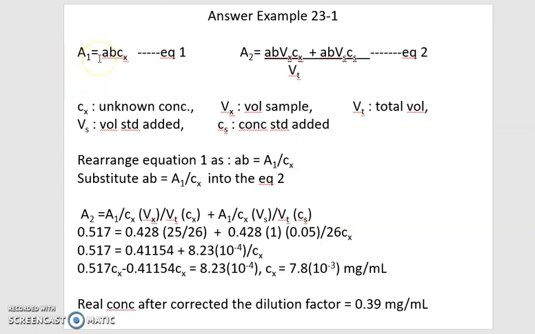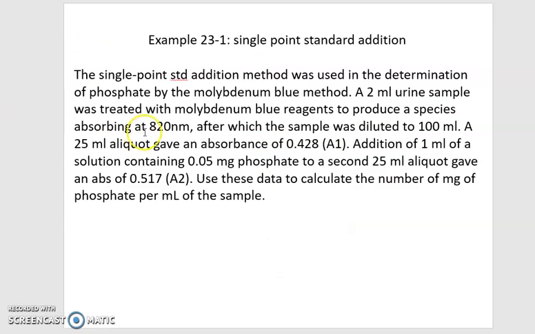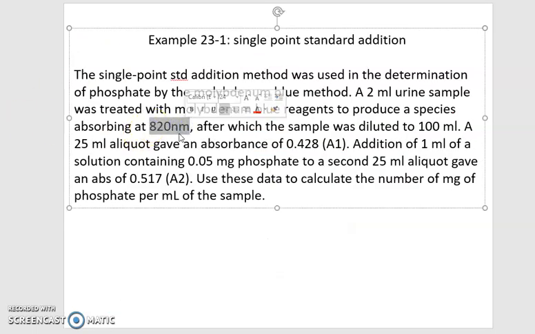For A, the absorptivity value will remain the same if we use the same analyte, which in this case is phosphate, and the absorptivity is also the same because the measurement is taken at the same wavelength, which is 820 nanometer.